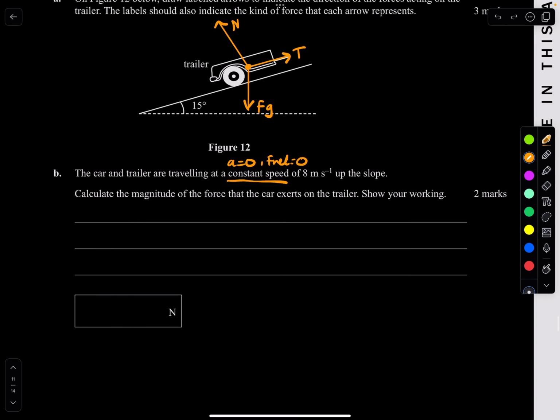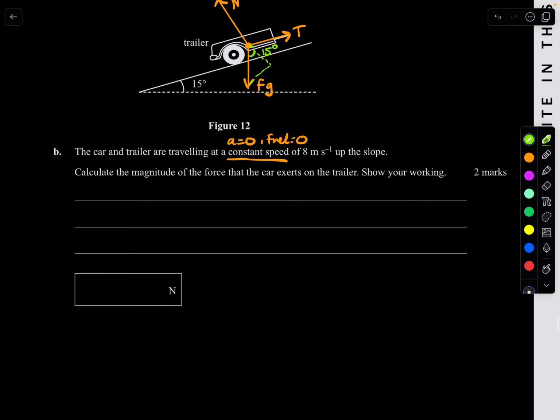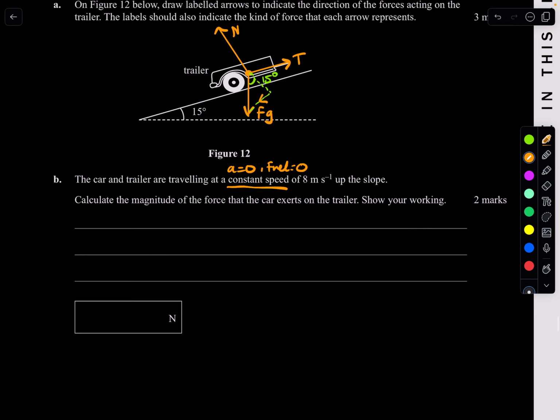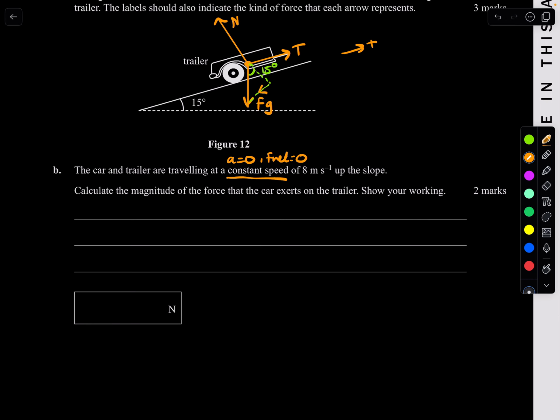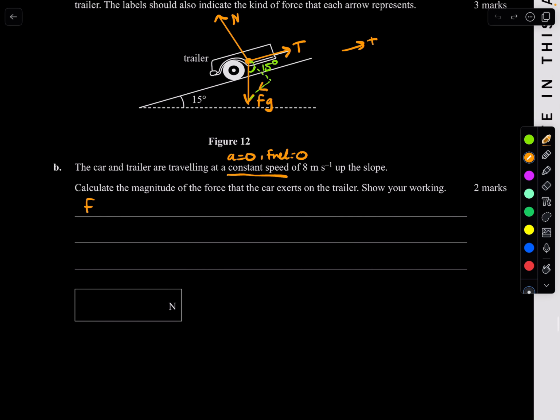To do that, I'm going to break this down into its components. I know this angle here is 15 degrees. I'm going to take up the slope as positive. So it's going to be force of gravity sine of the angle. For F net, I'm going to add these 2 forces because these are the ones that are accelerating it.